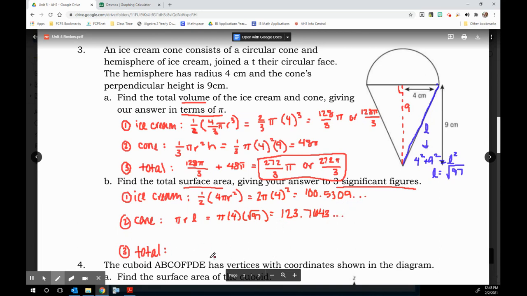And my total, I'm just going to add those two together. And I'm getting 224.295, but to three significant figures, just 224 centimeters squared, because I'm looking at surface area. I should have added with the answer to the first one, centimeters cubed. Just add it in.